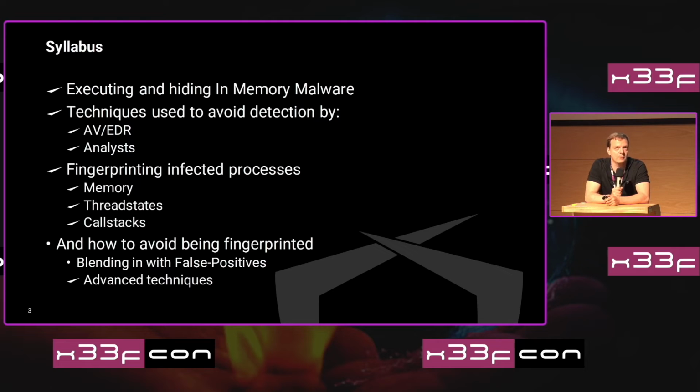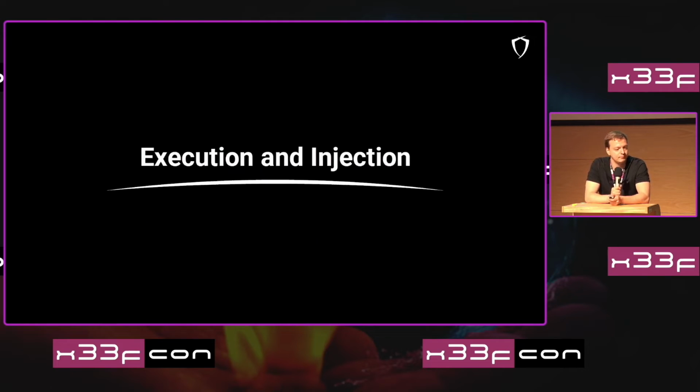We will try to fingerprint infected processes simply by looking at the memory, the states of certain threads, and by taking a look at the call stack of certain threads. I will then give you an idea of how to avoid being fingerprinted by blending in with false positives or by using a bit more advanced techniques.